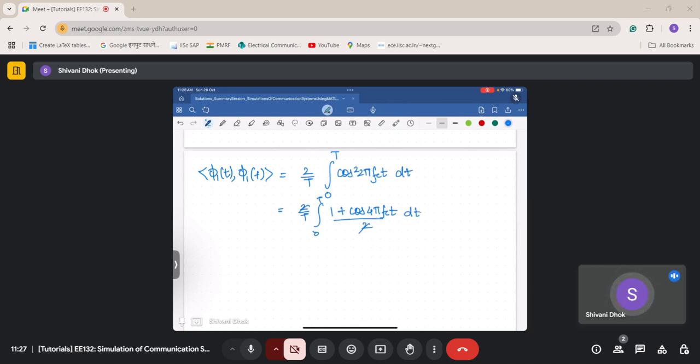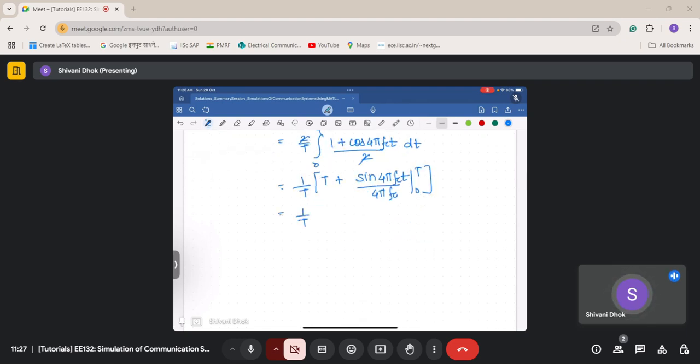This 2 gets cancelled. Then we have 1 by T. Integral of the first part is simply T, plus integral of this is sine of 4 pi fc t upon 4 pi fc from 0 to capital T.